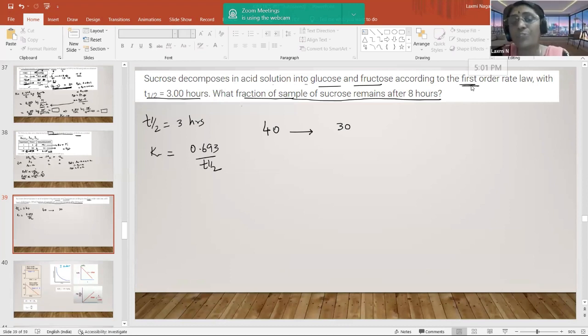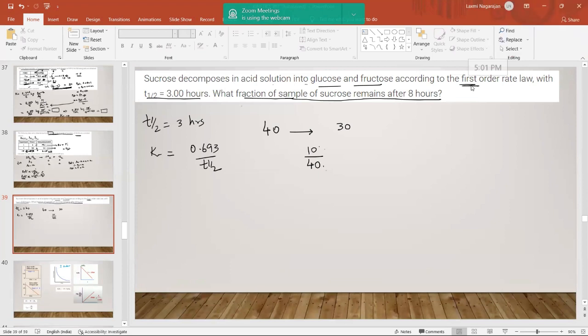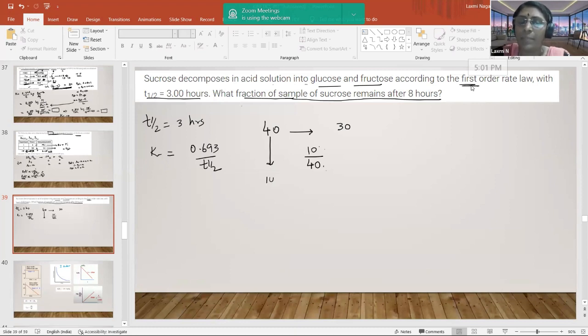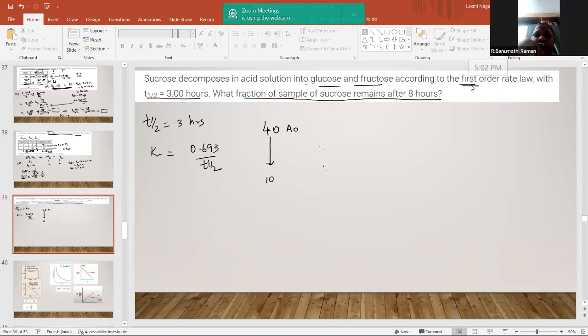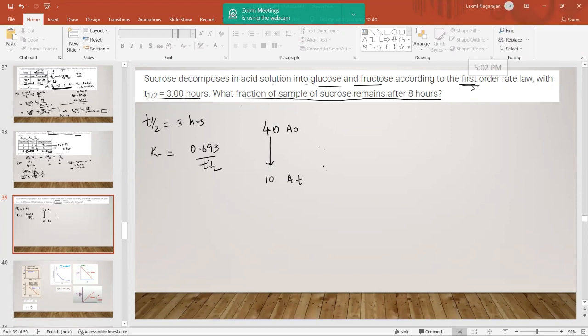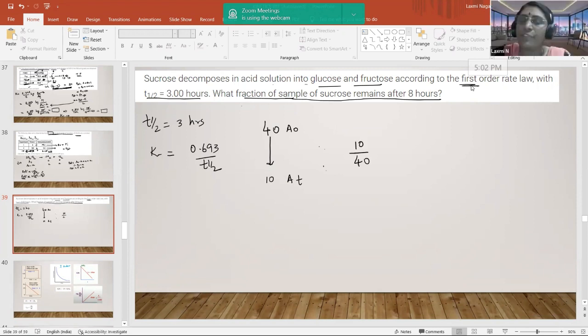What number of students are left out in your class? 10. 10 by 40 will tell me the fraction of students left out in the class. You get it? So 40 became 10. So can we call this 40 as A0 and 10 as At? And can we say 10 by 40 is the fraction of students left out in your class?